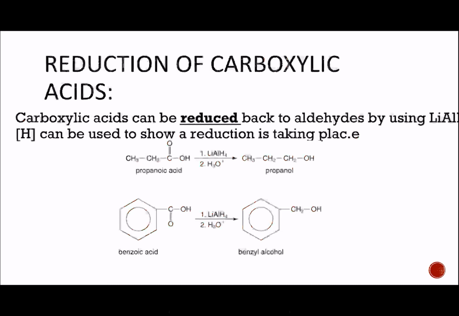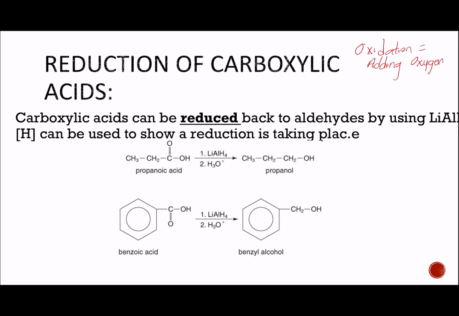Alright, so carboxylic acids can be reduced. We spent the last lesson talking about oxidation, but we also need to be aware of the opposite process called reduction. And so remember, with oxidation, you're adding oxygens.